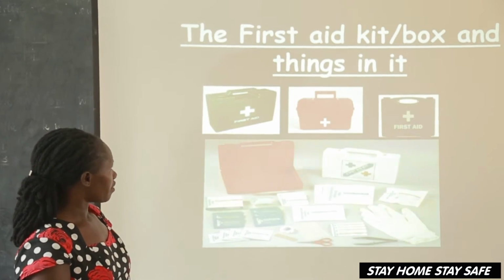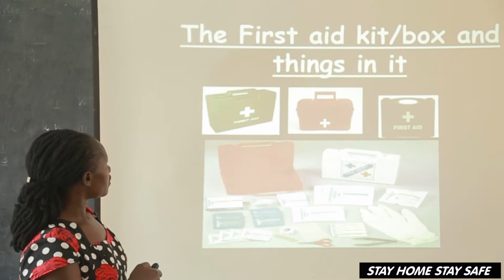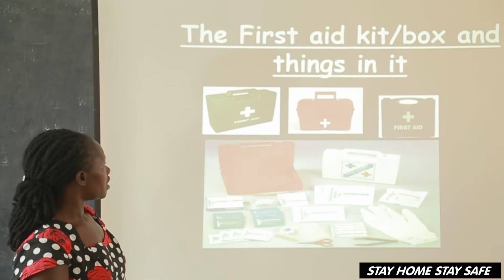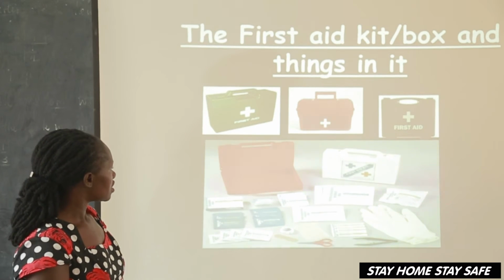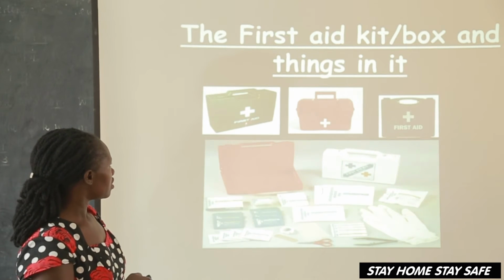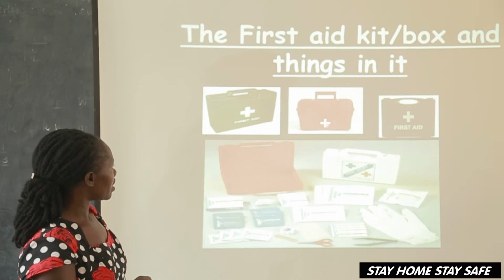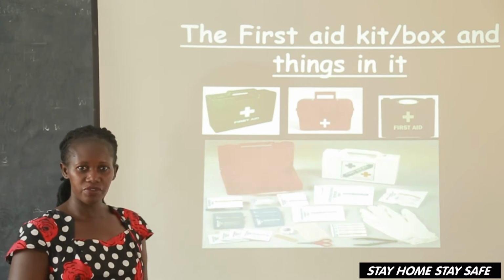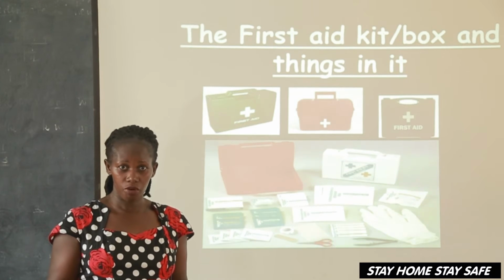And here we are. The first aid kit and box in them. You see all these containers? We have that one green, first aid. We have that one, we have that one, we have another one here and another one. What have you seen them having in common?